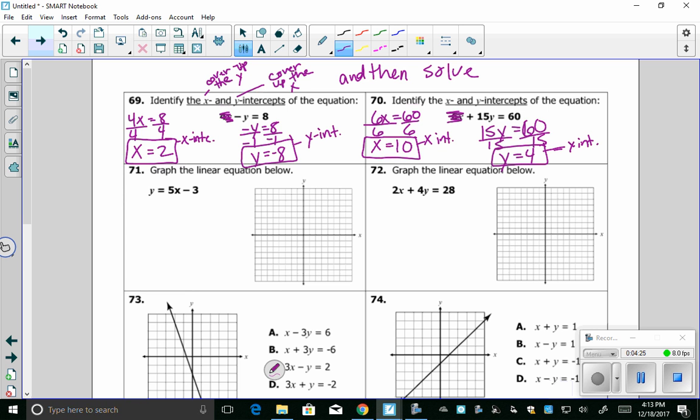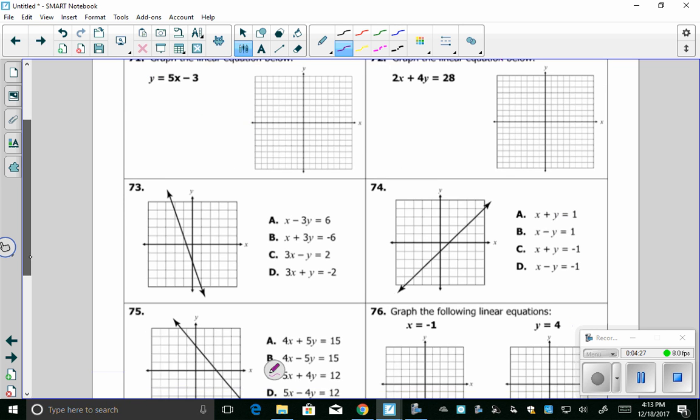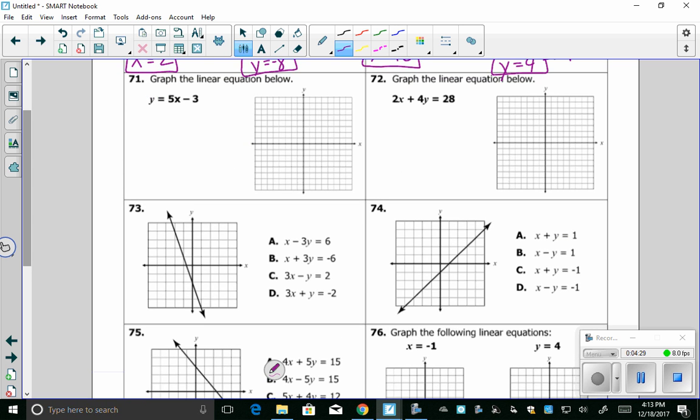71. Graph the following linear equation. Okay, the easiest way to graph this is to graph the slope, or the y-intercept. So if negative 3 is my y-intercept, I'm going to put a point at negative 3.